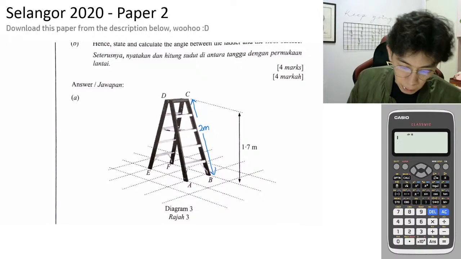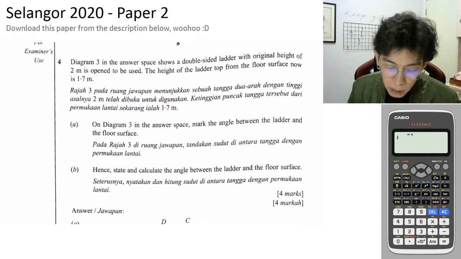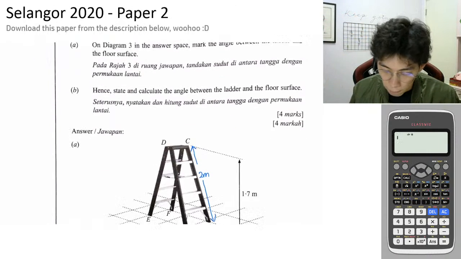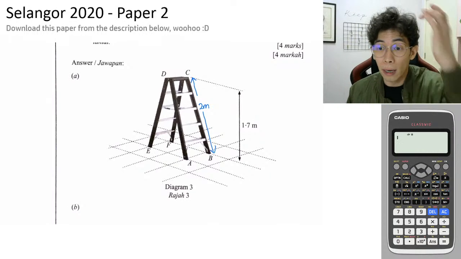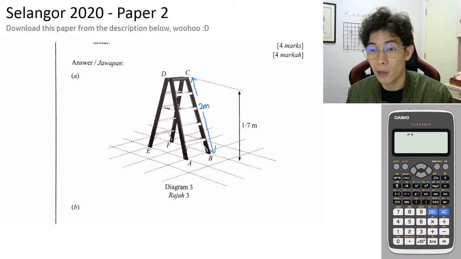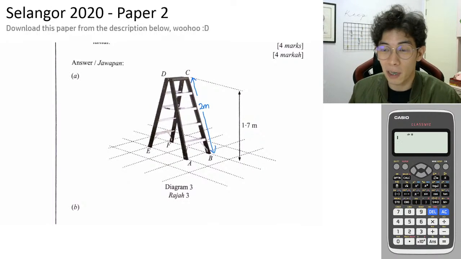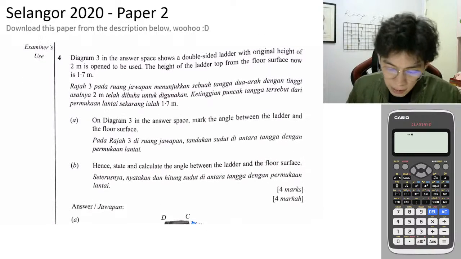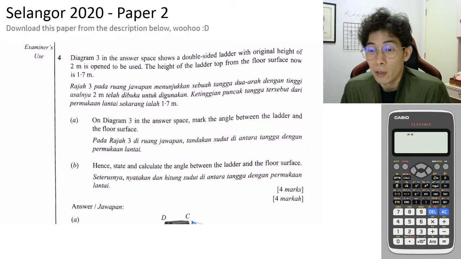So next, it says the height of the ladder top from the floor surface now is 1.7 meter, like what they mentioned there. Then it says nothing more, so you go to part A now.